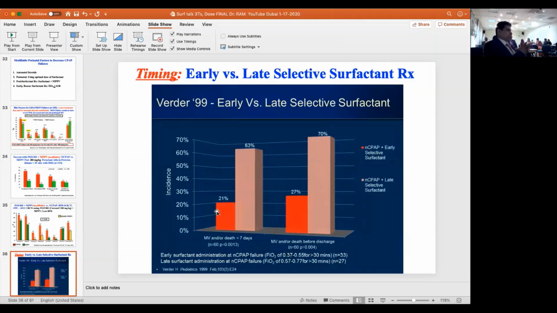You can see with early surfactant, mechanical ventilation or death within 7 days is significantly lower, 27% versus 70%. So if you wait too long on a baby on CPAP, you're going to fail more often, ending up ventilated either before discharge or in the first 7 days.